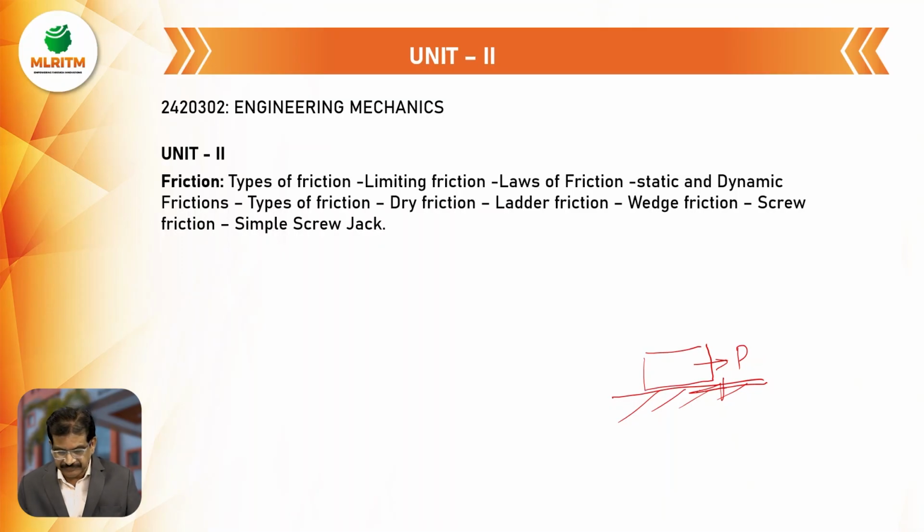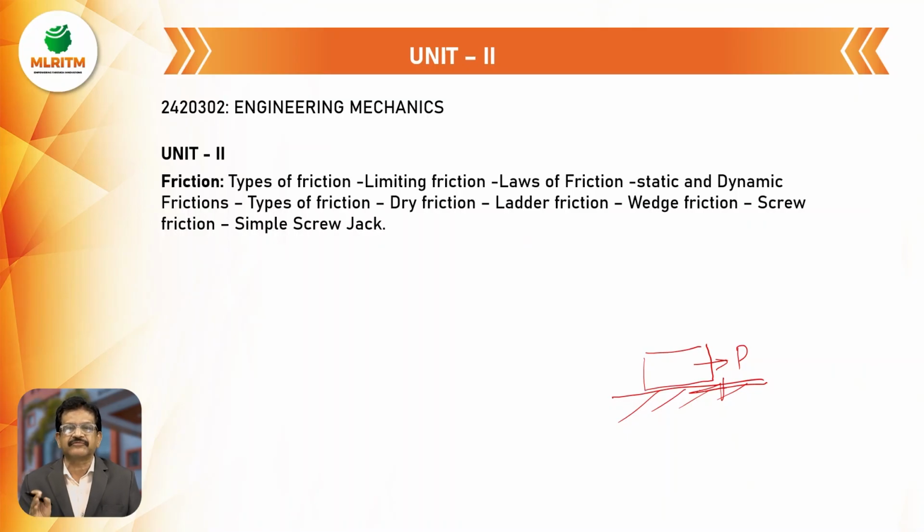Next, in friction there are static friction and dynamic friction. Static friction means when the body is in the rest position. When the body slides on the surface, that is called dynamic friction. Another one is ladder friction.